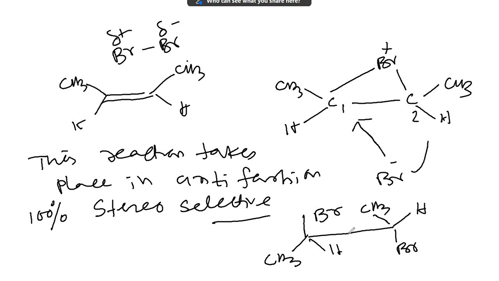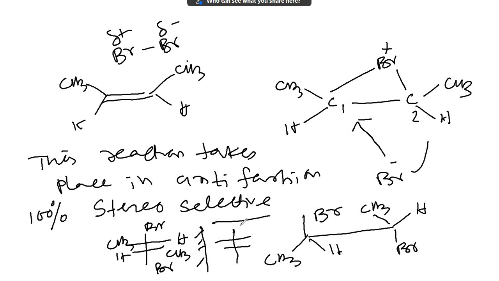In this case, it has no plane of symmetry. If I write it this way, it will look like that. So it will be optically active. It and its mirror image are non-superimposable on one another, so it gives you DL mixture.